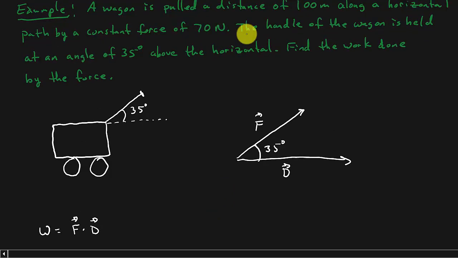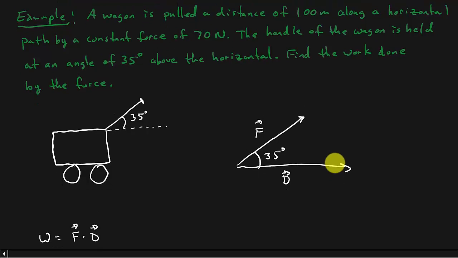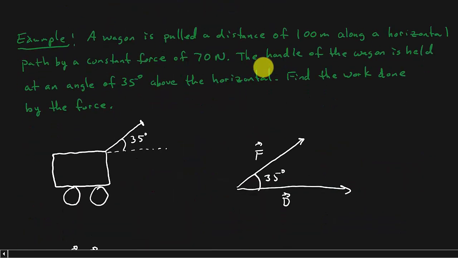They don't give us what vector F and vector D are. They don't give us the vectors. They give us the magnitudes. So we can use the magnitudes of F and D, and we know the angle between the vectors.